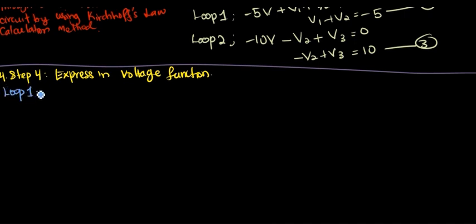So for this step, for the equation of loop 1 and the equation of loop 2, we expand the voltage terms with IR.